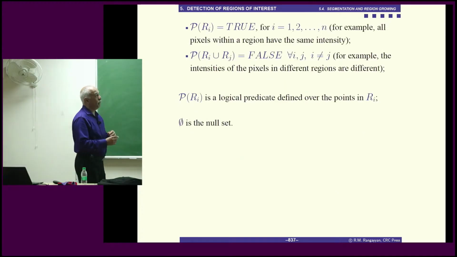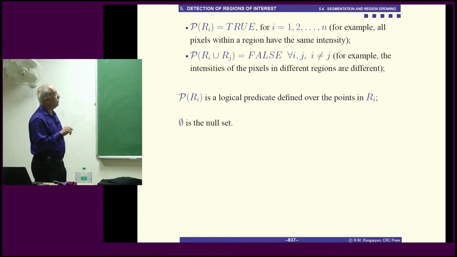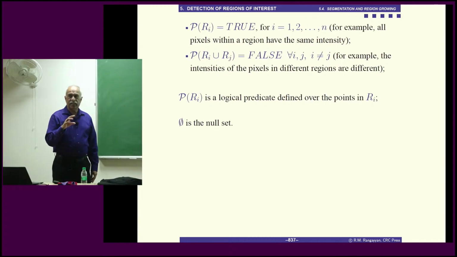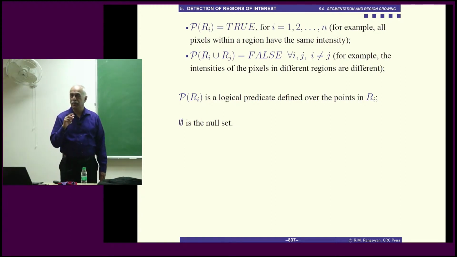There is some predicate P, some property P of Ri, that must be true for each region. So each region has a certain property or predicate that is true, but if you apply that rule to the union of two regions, it should be false. That is, if I take two regions and put them together, that test must fail.